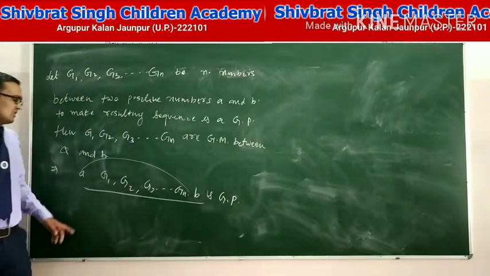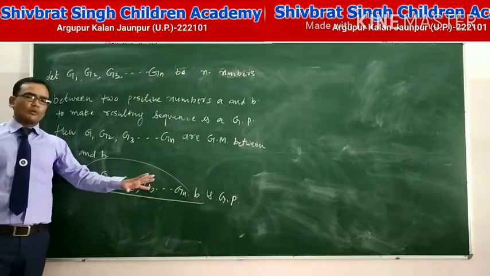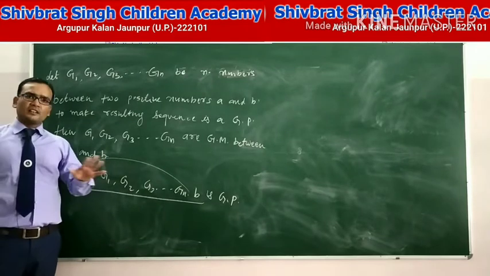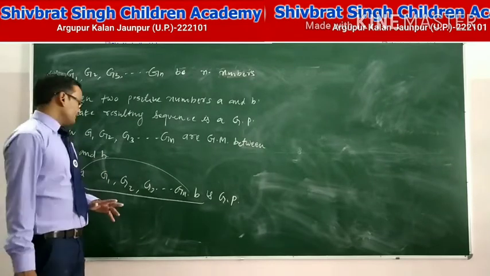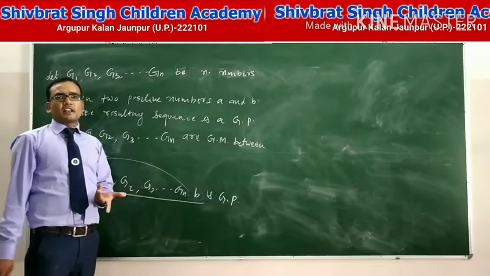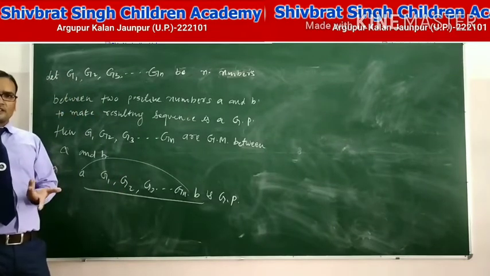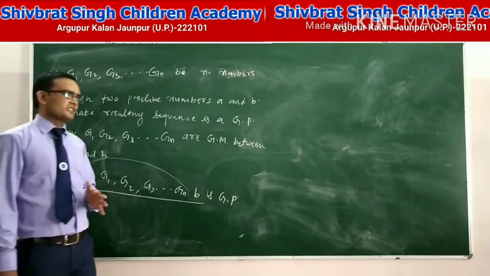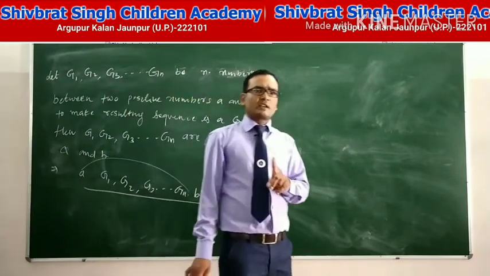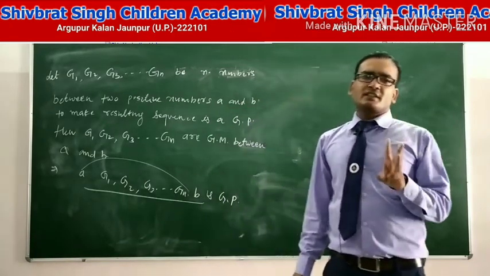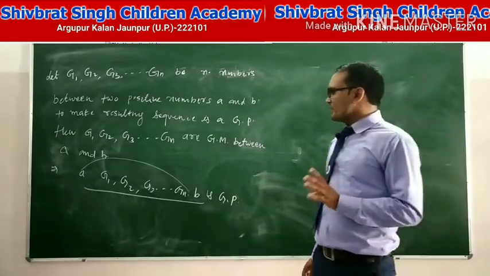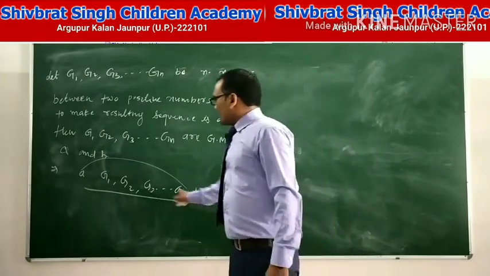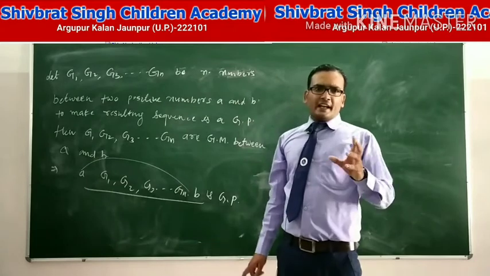Then G1, G2, G3, and so on, Gn are the geometric means between A and B. You can insert 1, 2, 3, 4 geometric means, as many as you like, between two positive numbers A and B.